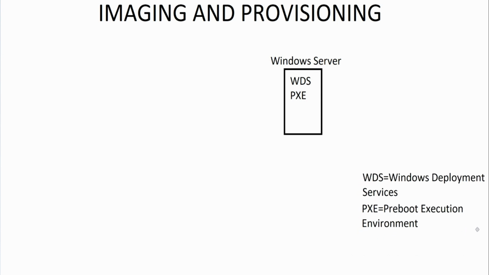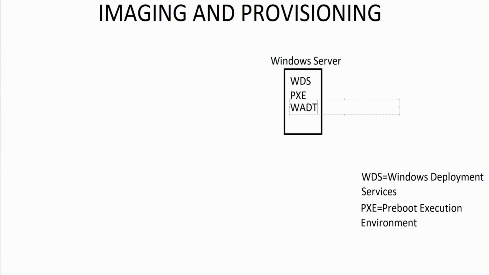The next thing that I would want to install on this server would be the Windows ADK, the Windows Assessment and Deployment Toolkit. That's kind of a big acronym, let's see if we can fit it all in here: WADK, Windows Assessment and Deployment Toolkit.